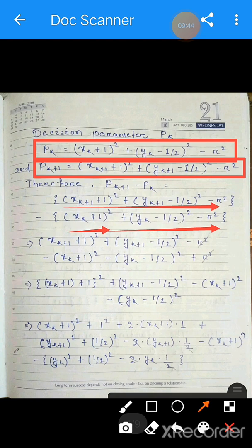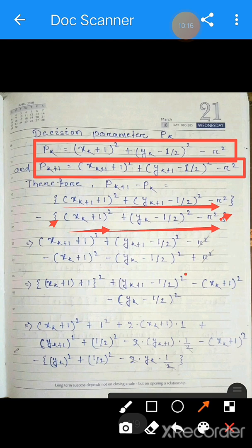When you remove this bracket, these curly braces, what do we get? (xk plus 1) whole square plus (yk plus 1 minus half) whole square minus r square, minus (xk plus 1) whole square, minus (yk minus half) whole square, plus r square. Why is this r square plus?